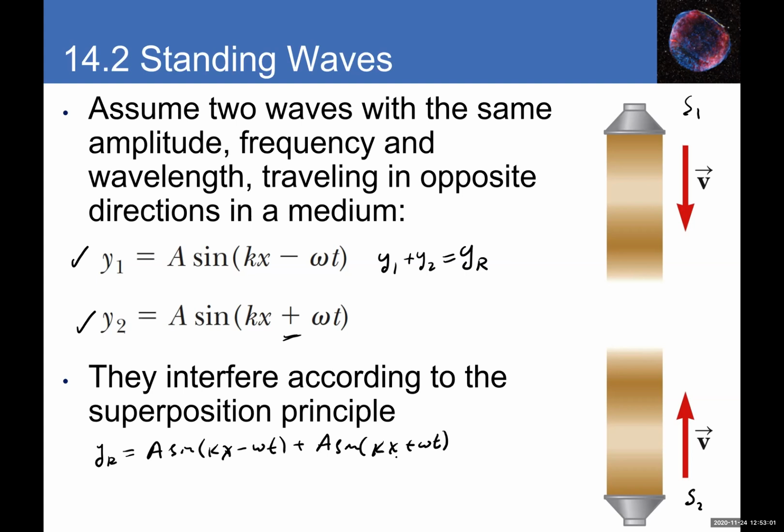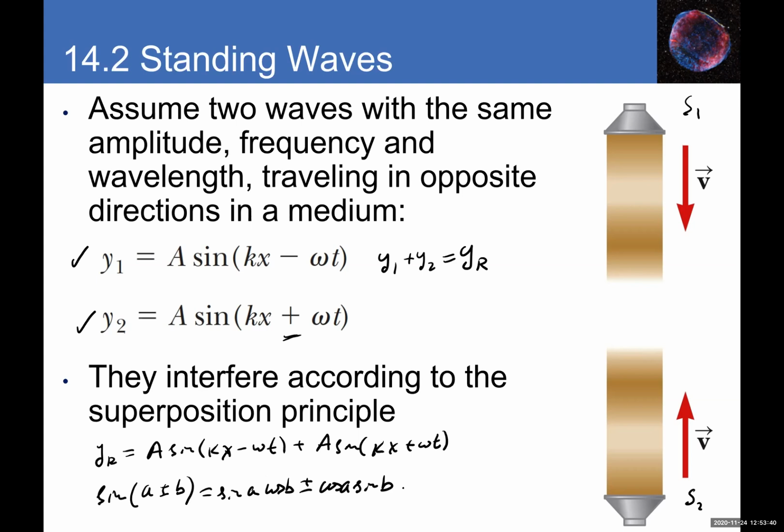So we are going to use one of the trig identities, where sin(A ± B) equals sin A cos B ± cos A sin B. Sorry guys, I missed something there. All right, so we're going to use this identity.